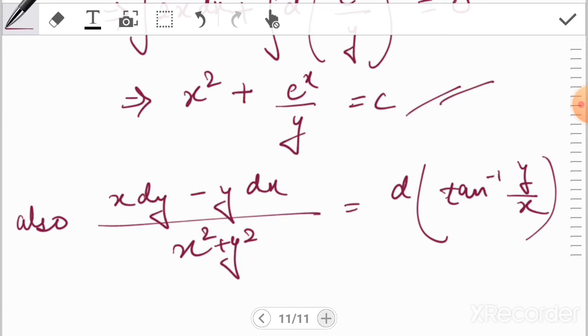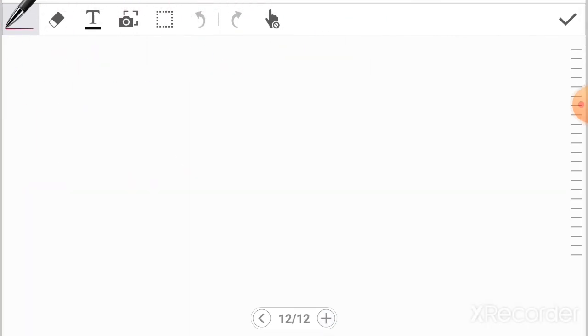So next is integrating factor of a homogeneous equation.